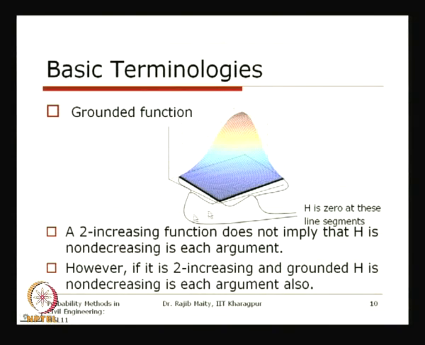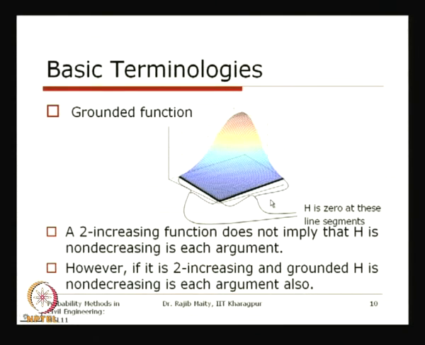Now, as we were just saying, if we simply say that a function is 2-increasing, that does not guarantee that, in the direction of each random variable, it will also be non-decreasing.